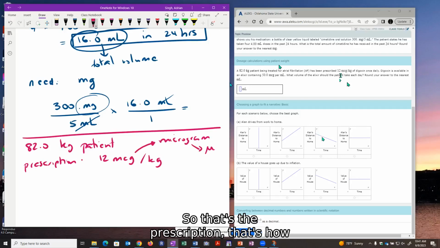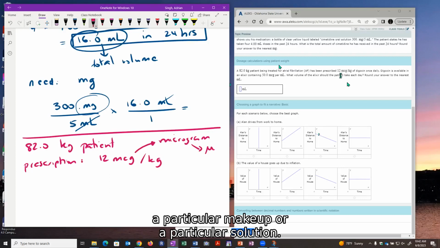So that's the prescription. That's how much it's telling us for every kilogram of body weight, this patient should be getting 12 micrograms of this particular atrial fibrillation drug. And then the drug itself is available in a particular solution.